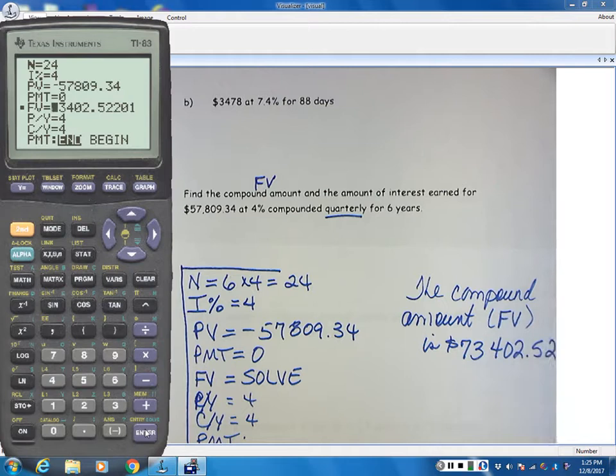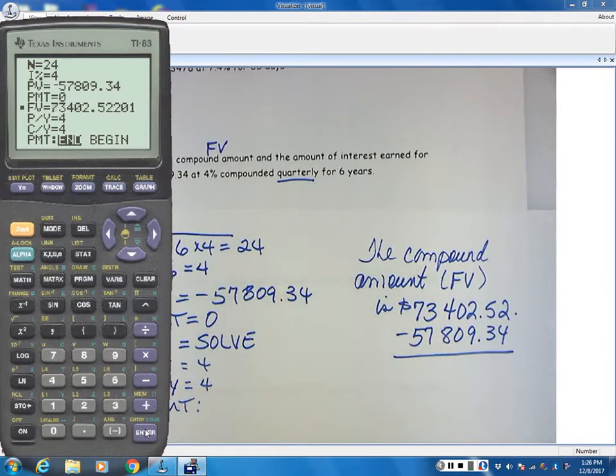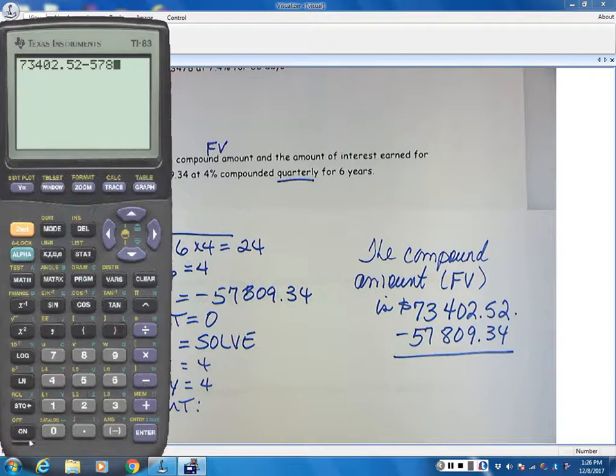And the amount of interest earned is the difference between that and the initial deposit. So the interest earned was $15,593.80.